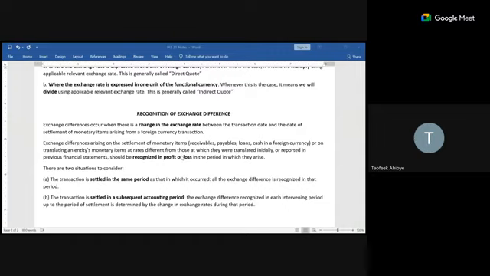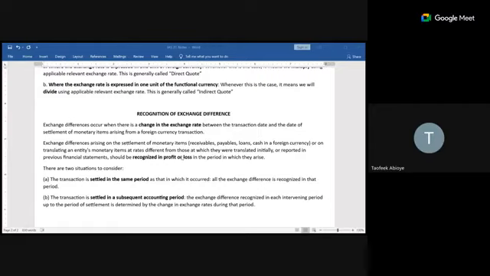What this recognition is saying, as I said earlier, is the recognition of exchange difference. When you are recognizing exchange difference, especially when it is a monetary item, you need to consider two things.